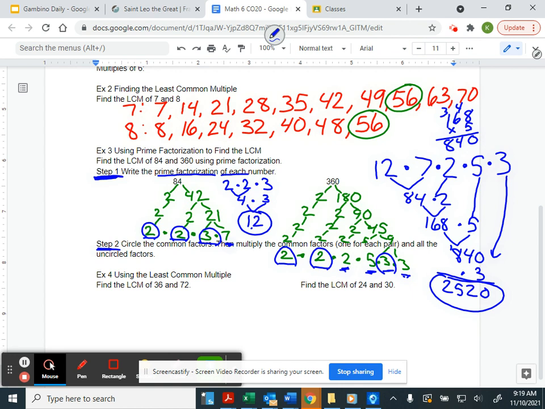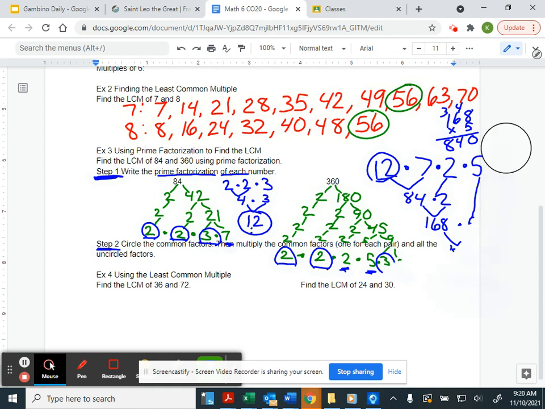So use prime factorization so it's a little bit easier. So we know how to find that greatest common factor. That was step 1. Step 2 was to multiply the uncircled factors, the uncommon ones. So we took that greatest common factor and we multiplied all the other primes and we got the answer.